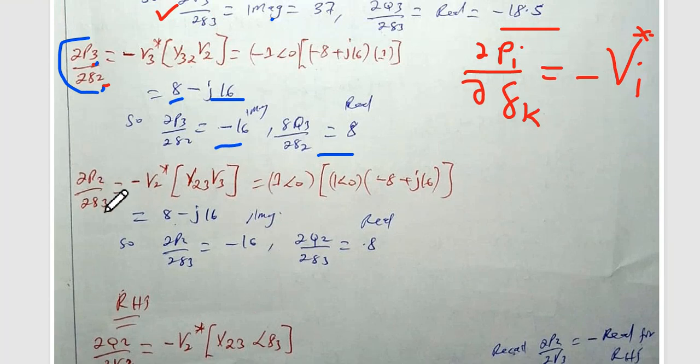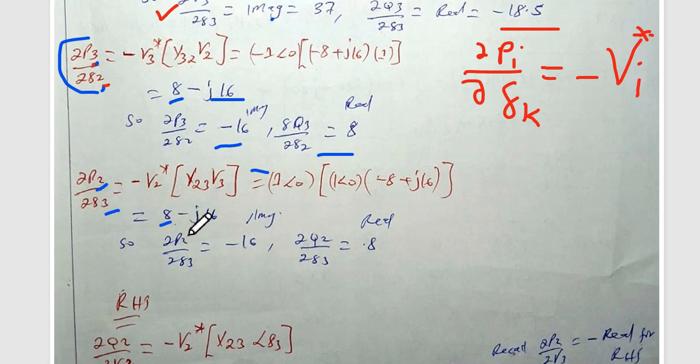This is partial P2, partial del 3. Again, this is 2 and this is 2, so this one is the guide. So it equals negative V2 conjugate into Y23, where 2 is up, 3 is down. Then V3. Of course, negative is here. Negative 1 times 0 into that.